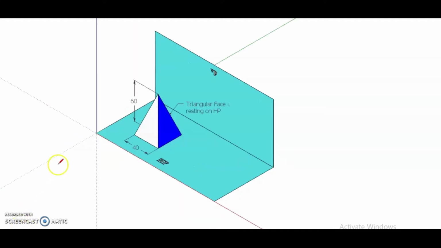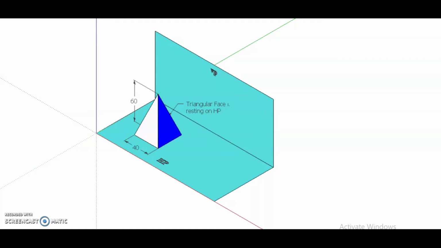Means this square pyramid in final condition is inclined in such a way that this blue colored triangular face should lie on this HP, which will be like this one.